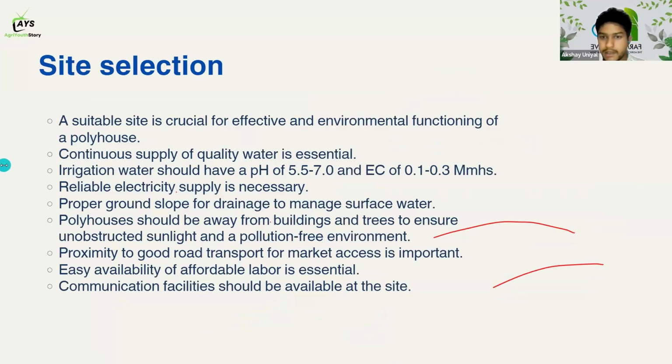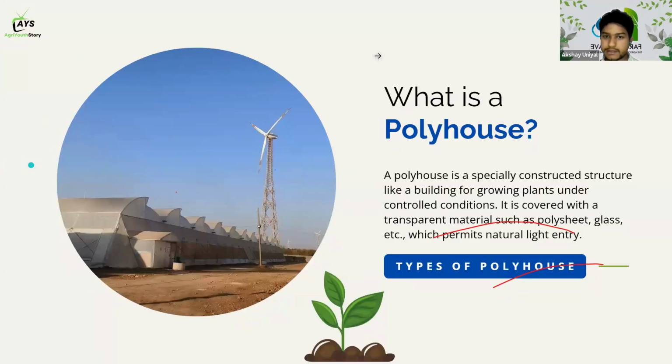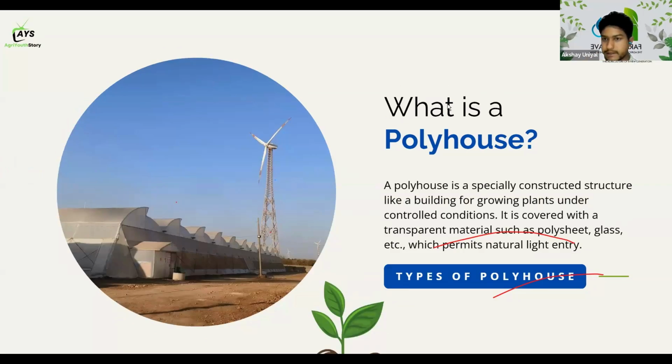Okay, so I'll move on to the polyhouse systems. Now, hydroponics in itself is a very sophisticated system, but it cannot function in open fields, because there's no point in reducing the waterborne and soil-borne diseases if we cannot control the airborne ones also.